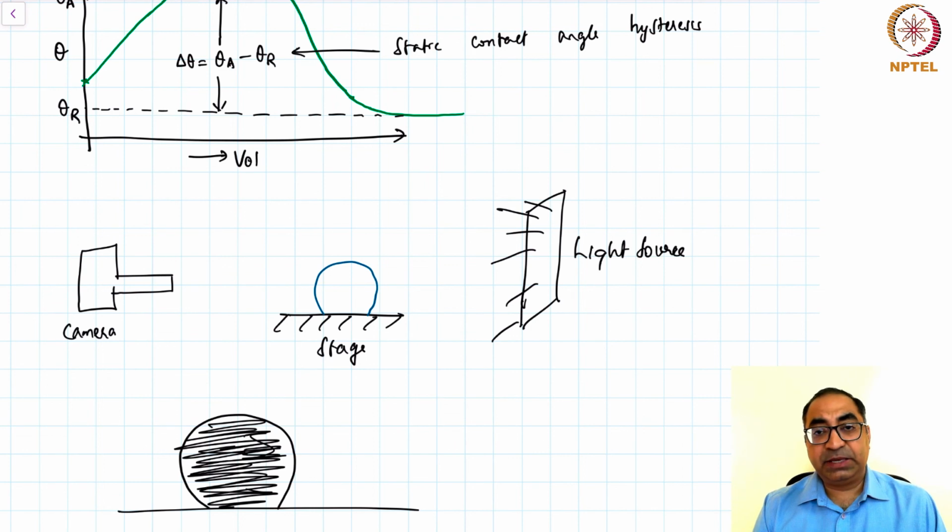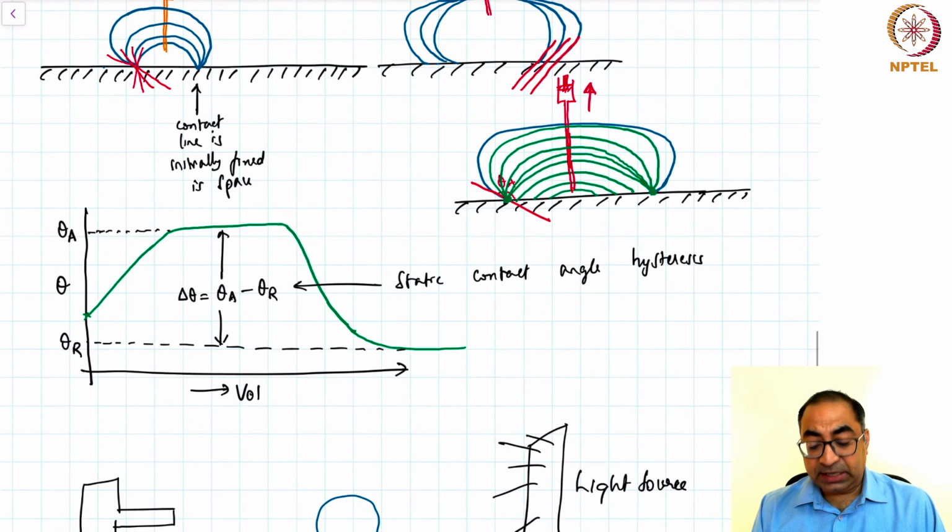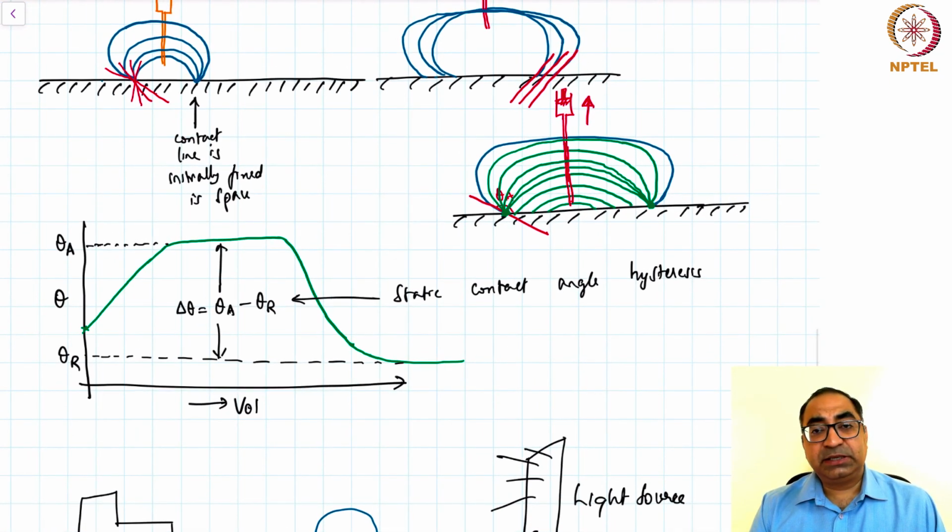In the static experiments, we have not brought in the velocity of the contact line, because even though in these quasi-static experiments the contact line moves, it is so slow that it does not really matter. But we can have situations where the angle is significantly influenced by the velocity of the contact line itself, and what is the relationship between them.